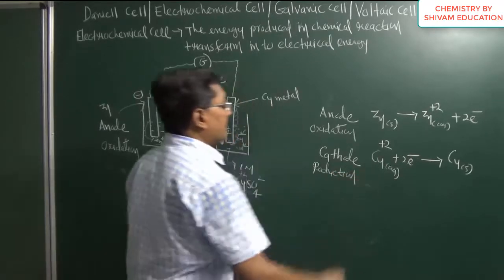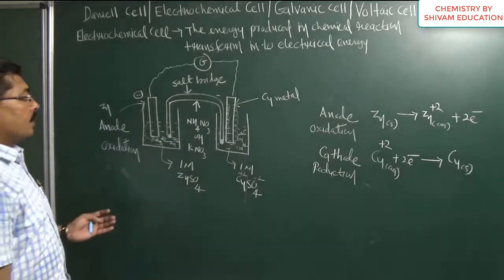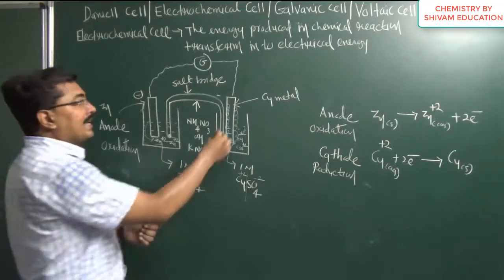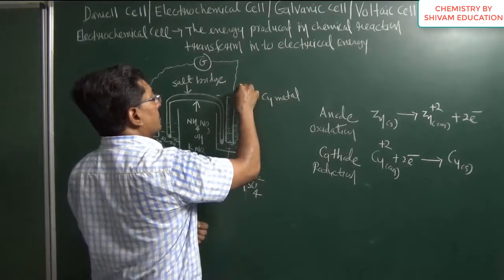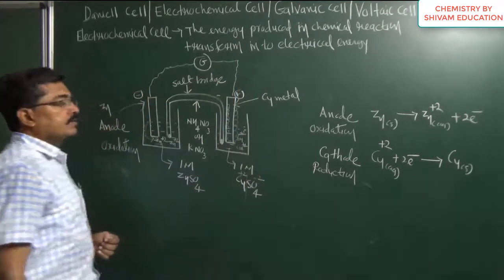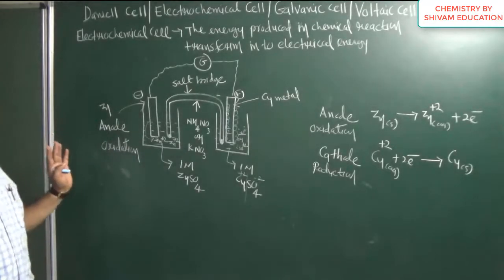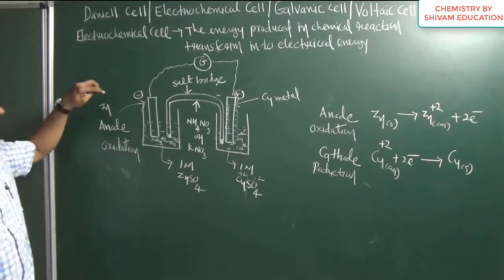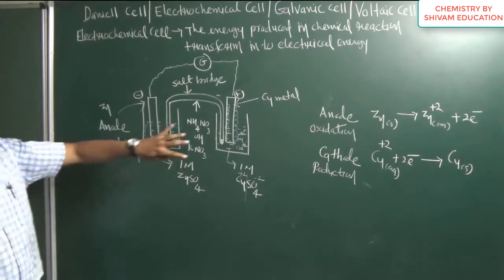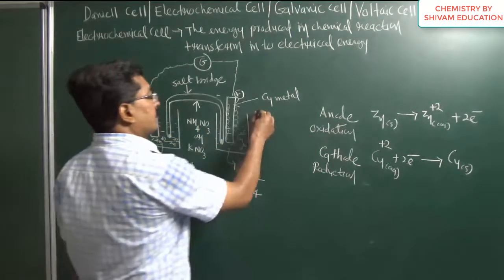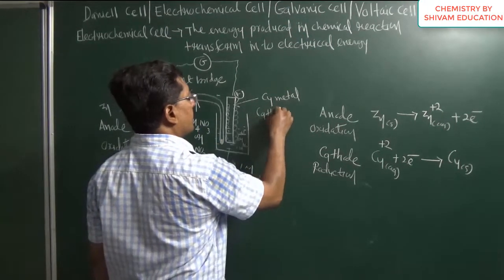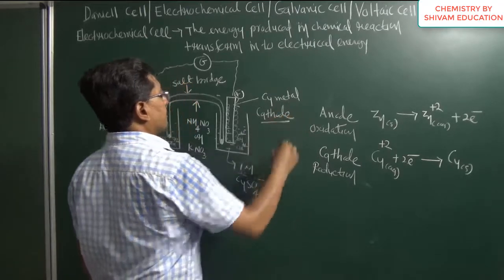Now this redox reaction is started. Now here copper is gaining electrons at this electrode, so this electrode has a positive charge. So in electrochemical cell, as we have discussed, anode has a negative charge and cathode has a positive charge. So this copper metal electrode is working as a cathode.